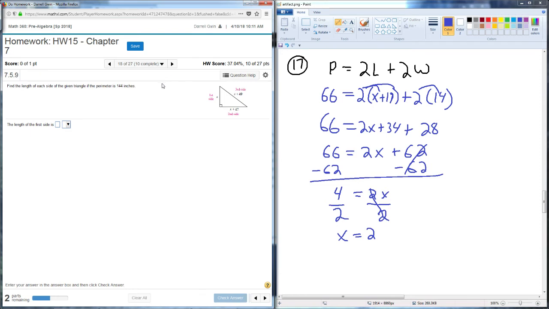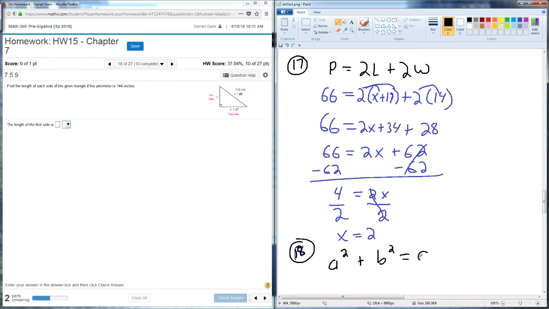Ooh, Pythagorean theorem. This one, number 18, is Pythagorean theorem. Don't forget, you have to use the leg squared plus the other leg squared is equal to the hypotenuse squared.